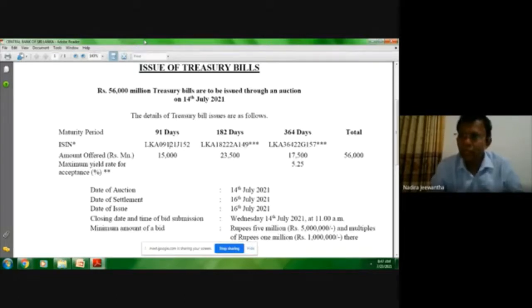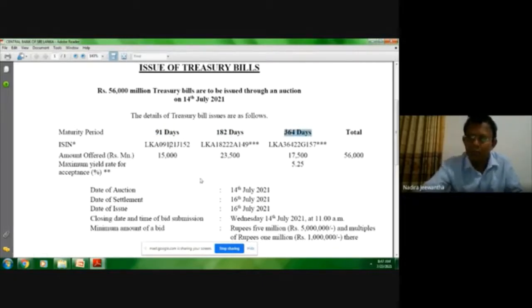Anybody who purchases on the 16th, the settlement date, holds it until it matures, the entire 6 months, 3 months, 1 month, or 1 year.